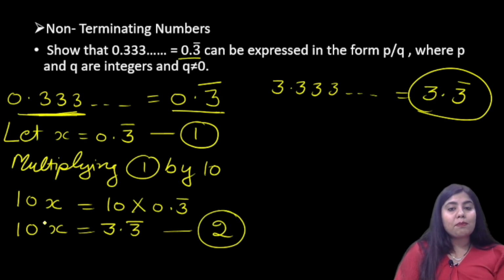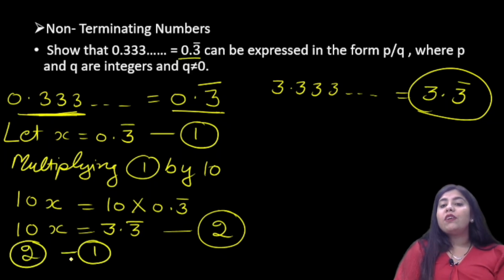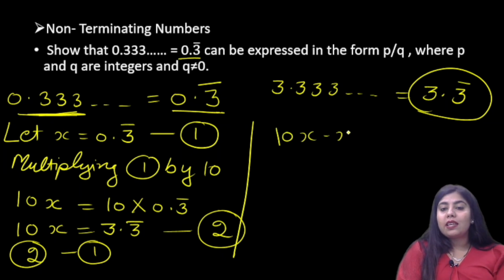Now the next step is to subtract equation 1 from 2, meaning 2 minus 1. When we subtract equation 1 from 2, we get 10x minus x equals 3.3 bar minus 0.3 bar, right?